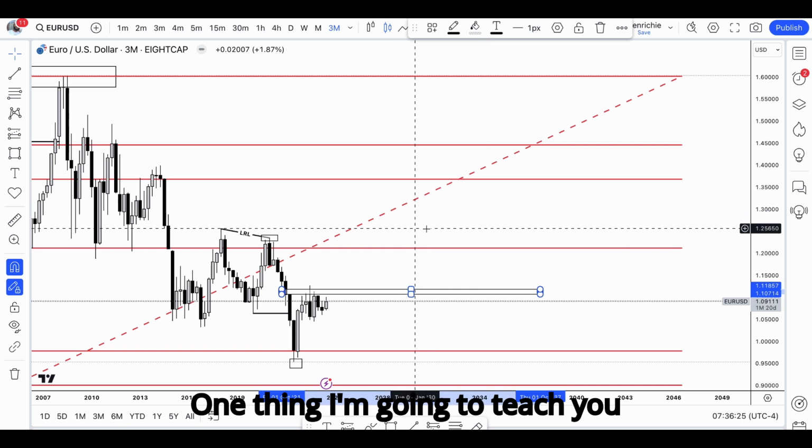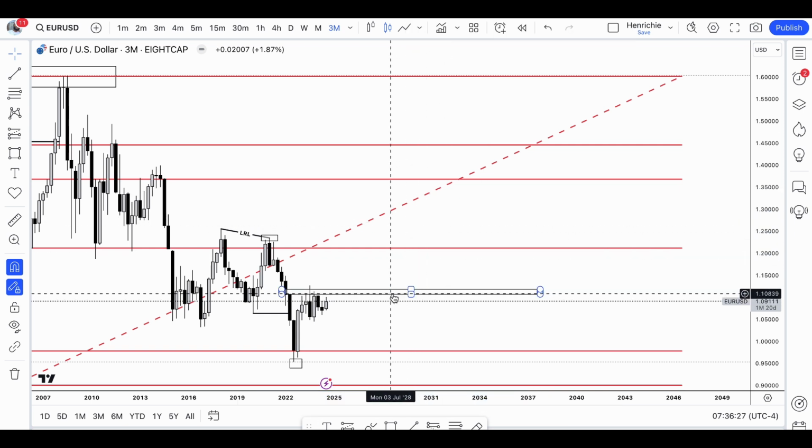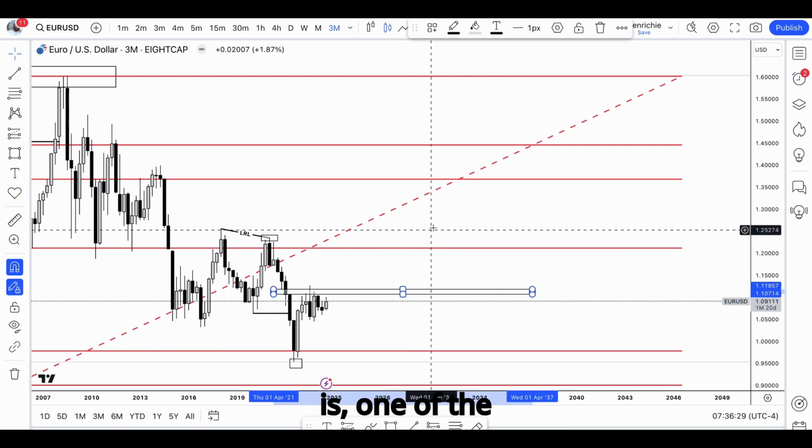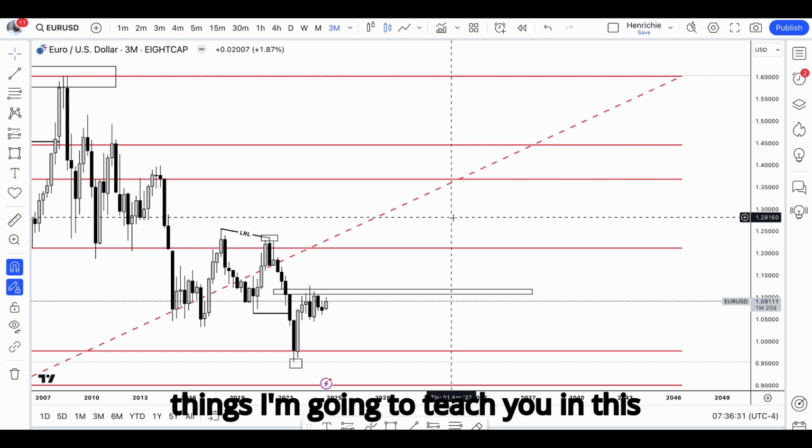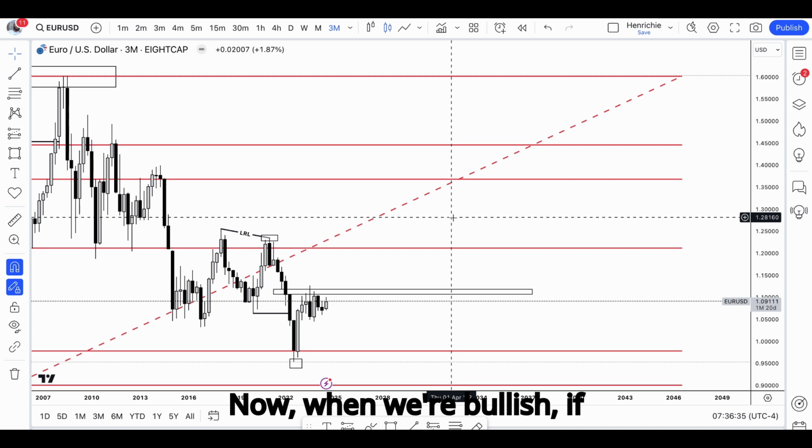One of the things I'm going to teach you in this video is for you to understand: when we're bullish, if price mitigates a higher time frame point of interest, what can we be targeting?